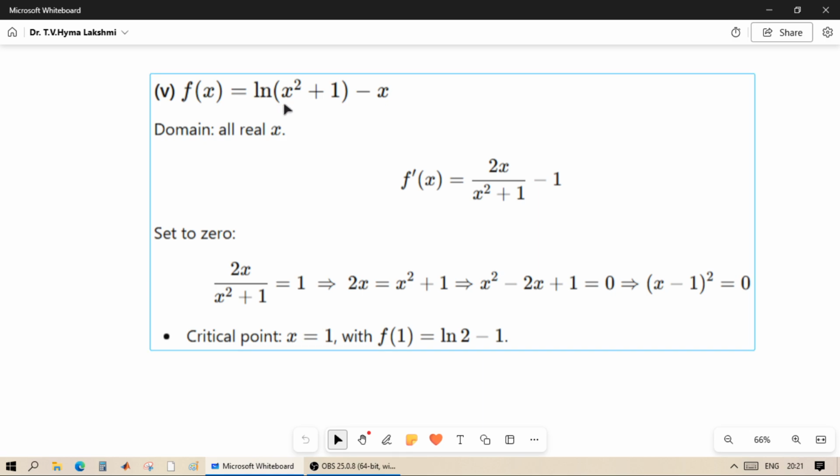So differentiation of log of x square plus 1 is 2x by x square plus 1, minus x differentiation is 1. When it is set to 0, that 2x by x square plus 1 minus 1 equal to 0. So 2x by x square plus 1 equal to 1, and 2x equal to x square plus 1.